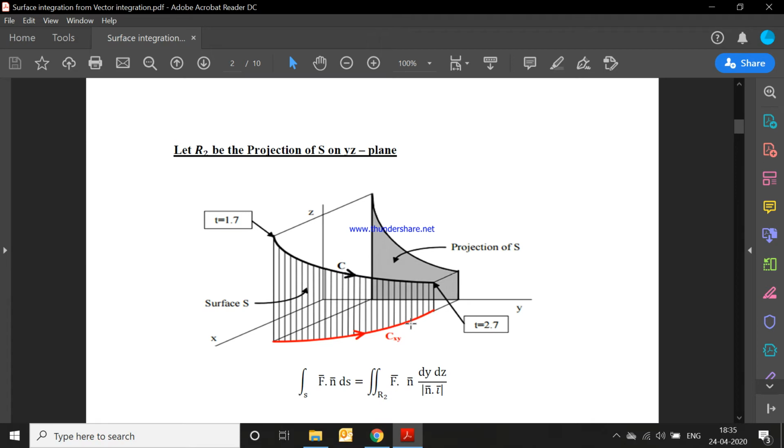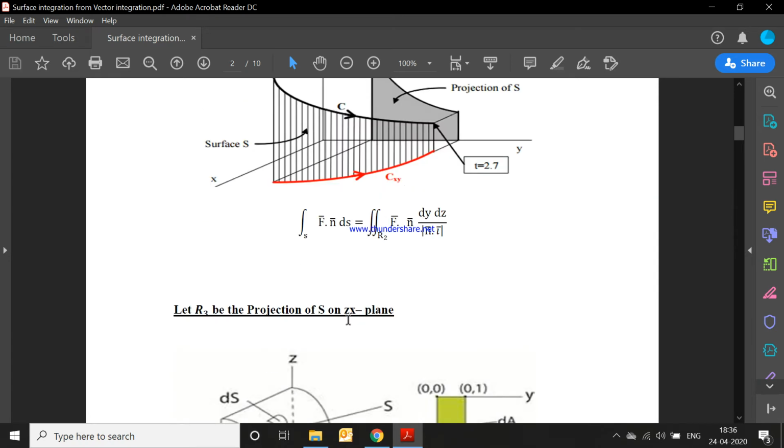The formula for the surface integration with projection on the yz plane is integral over S of f bar dot n bar ds is equal to double integral over R2 of f bar dot n bar dy dz by modulus of n bar dot i bar. Here, if you take a small part ds from this surface, the projection is on the yz plane and the outward drawn normal is parallel to the x-axis, so we take dot i bar.